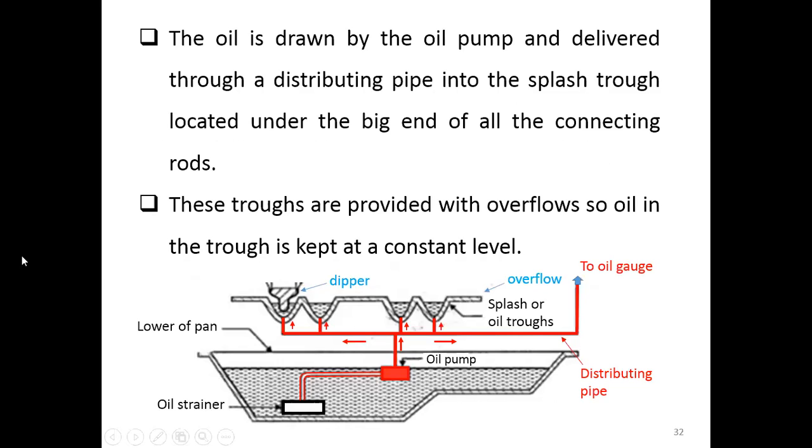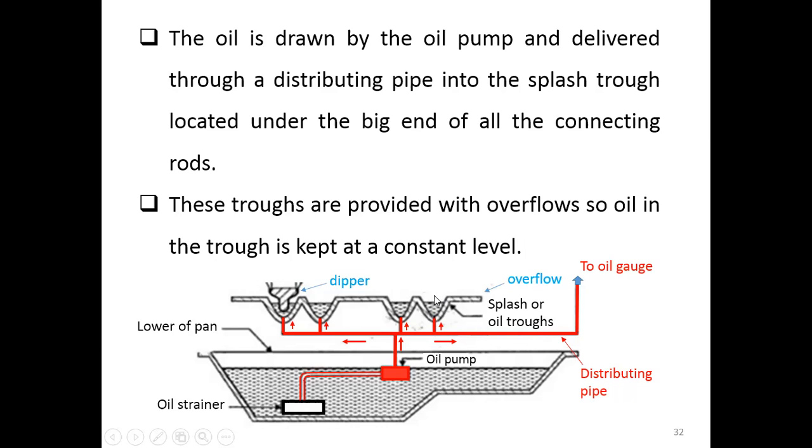This system works by using the oil pump. Now we need the oil pump, the oil pump is here, to draw the oil in this reservoir, and then deliver the oil through the distribution pipe into the splash trough.